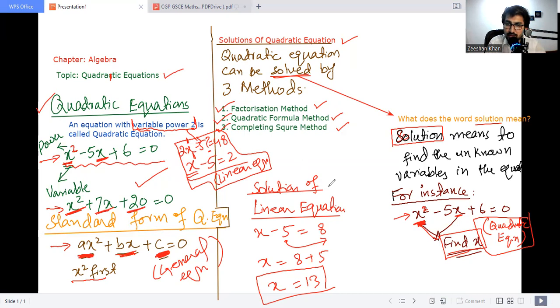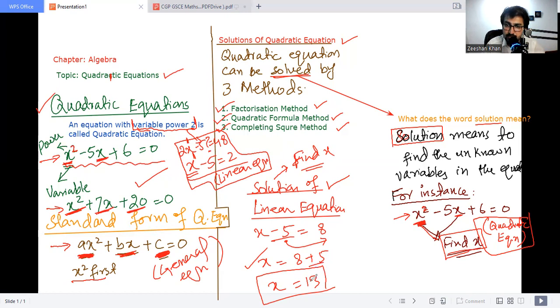Okay, we have already discussed linear equations and the solution of linear equations. For example, a linear equation is given: x minus 5 equals 8. Again, solution means solve, find x. This is very easy. We will shift this 5 to the other side. This 5 is negative 5, and when we shift it to the other side, it will become plus 5.